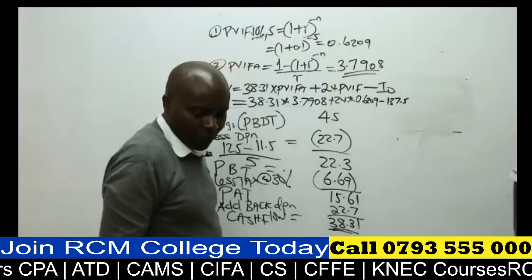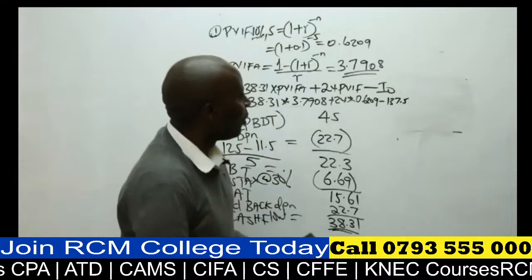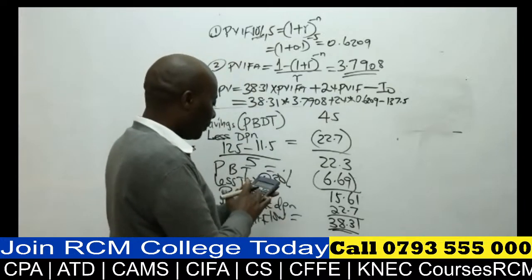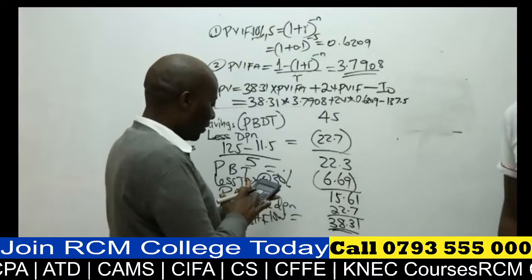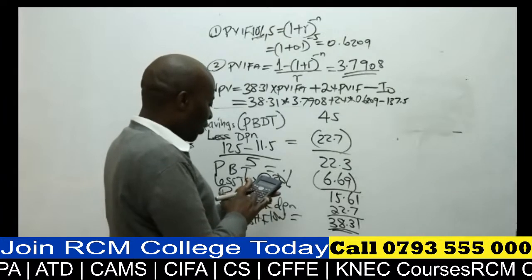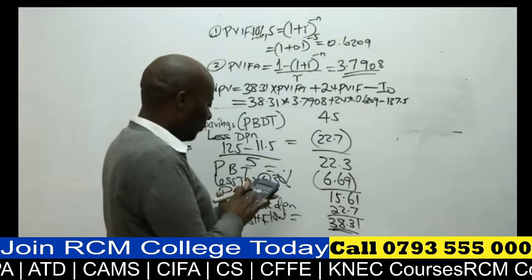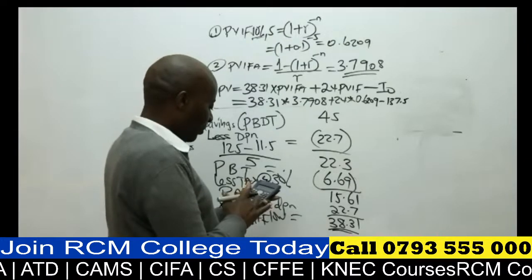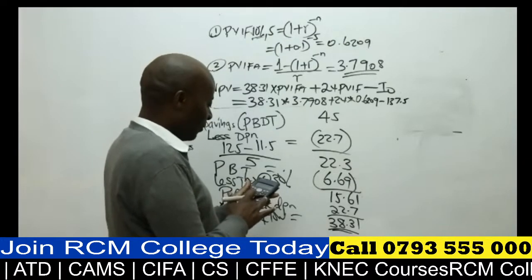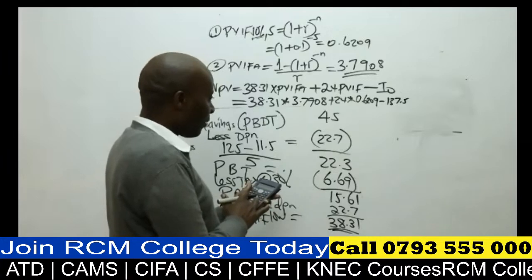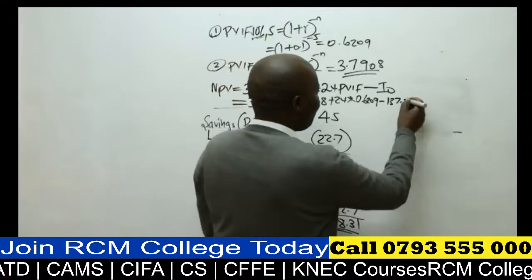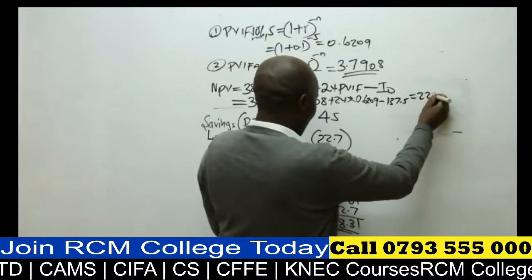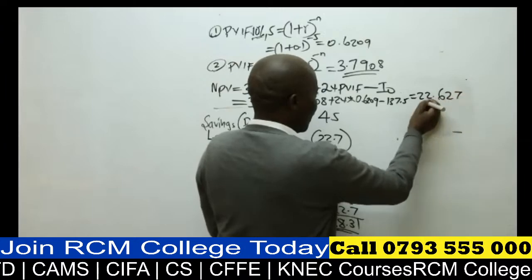At the end of the day, what we shall get, ladies and gentlemen, here will be 38.31 times 3.7908 plus 24 times 0.6209 minus 137.35, which in this case gives us 22.627 net present value.